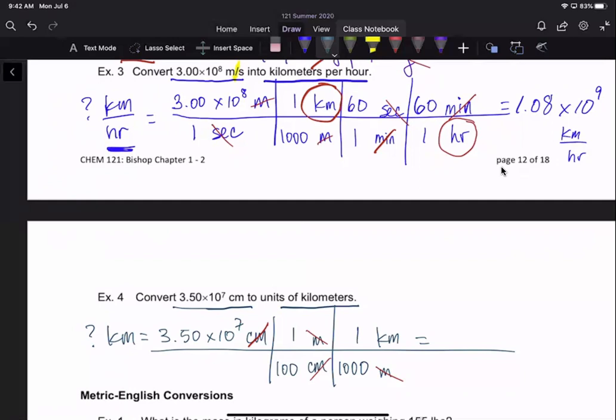I have 3.5 times 10 to the 7 divide by 100, divide again by 1,000, and I get 350. Are we done? No, we need that decimal place because that 0 is measured. And our units are kilometers. So let me just make note of that. This is a measured 0. So it is significant.